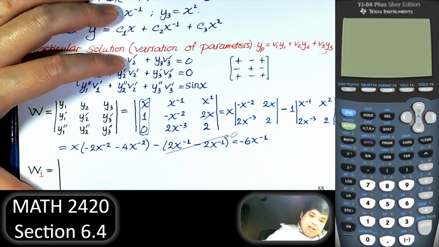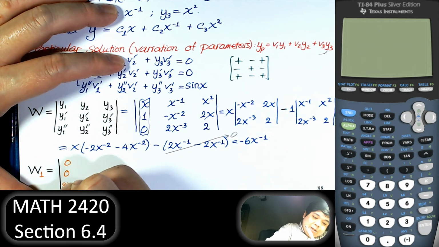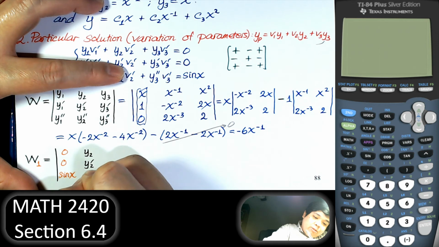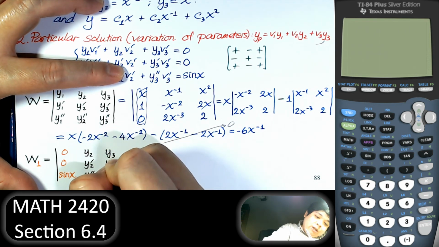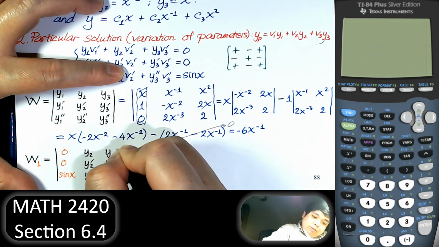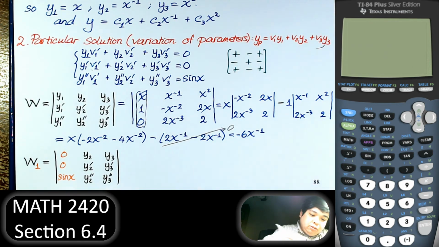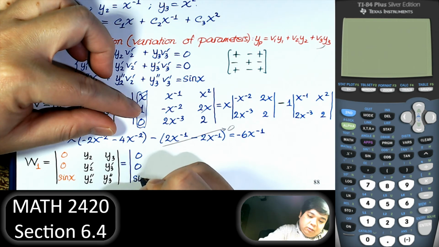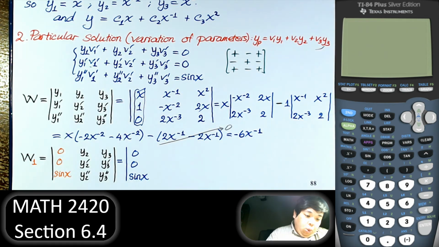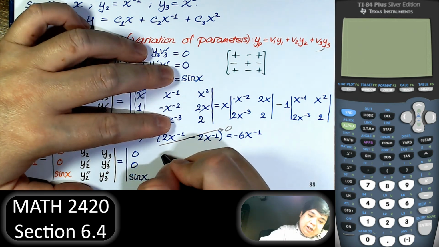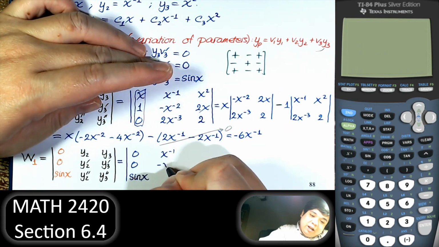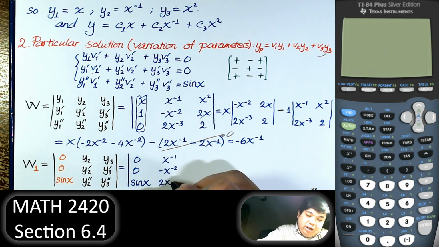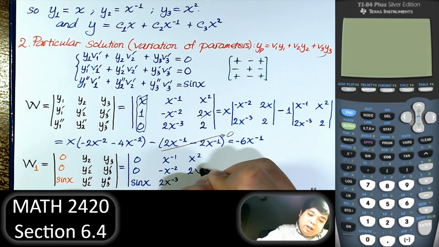We put in 0, 0, sin x, then y2, y2 prime, y2 double prime, y3, y3 prime, y3 double prime: x to negative 1, negative x to negative 2, 2x to negative 3, x squared, 2x, and 2.